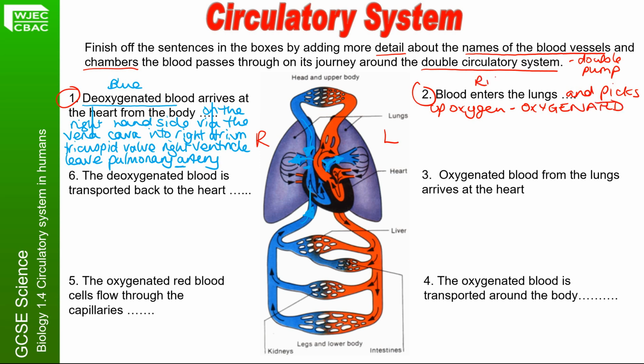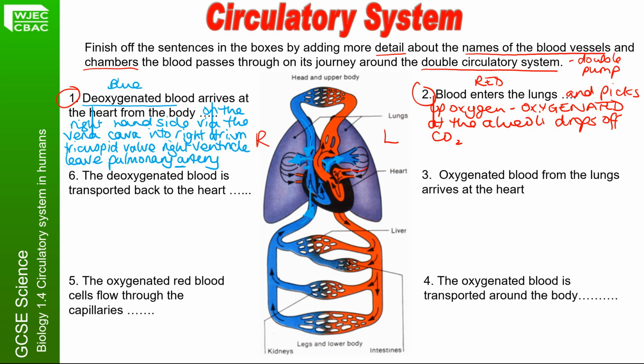And that's why we're doing it in red, okay? This oxygenated blood is going to be picked up, okay, at the alveoli. So we've studied the alveoli in the lungs and respiration booklet. And it also drops off the carbon dioxide, CO2. So now this blood is oxygenated.